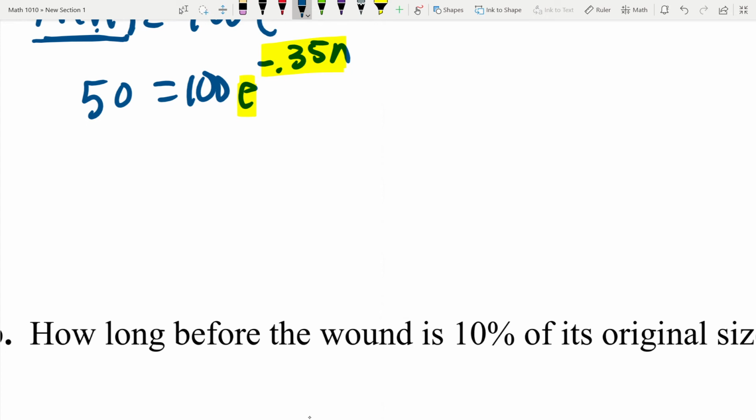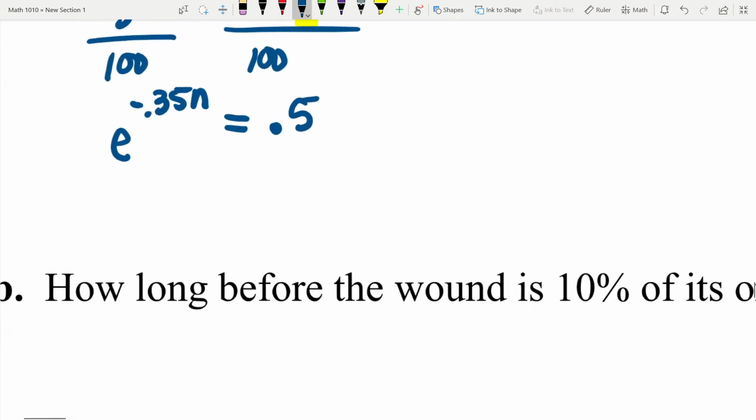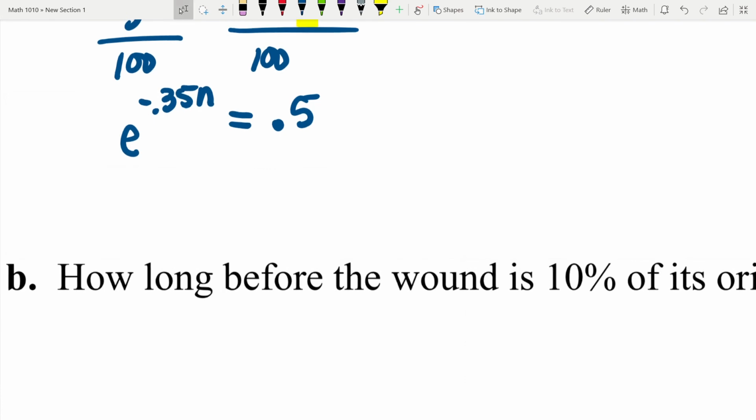Divide by 100. So I'm going to divide both sides by 100. So I have e to the negative 0.35n is 50 divided by 100, which is exactly 0.5. Are we stuck? Is my base and my exponent alone? Yes, we're stuck.